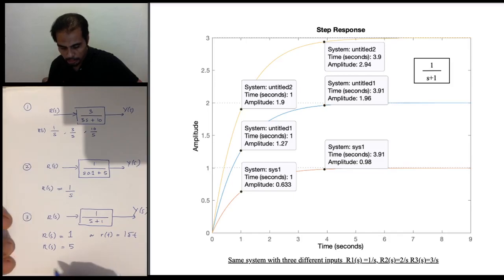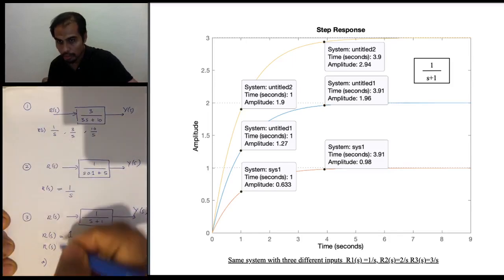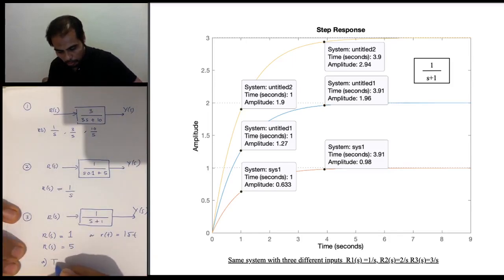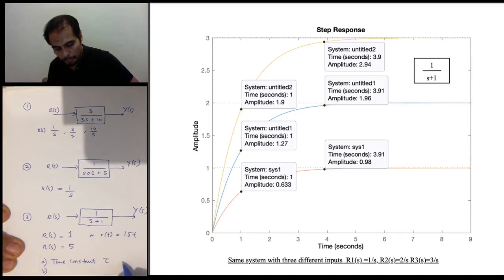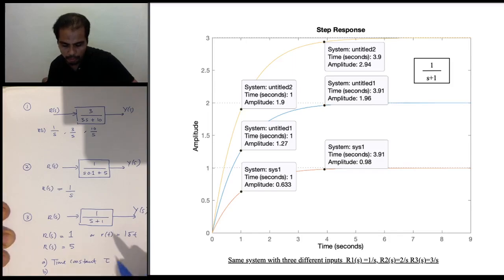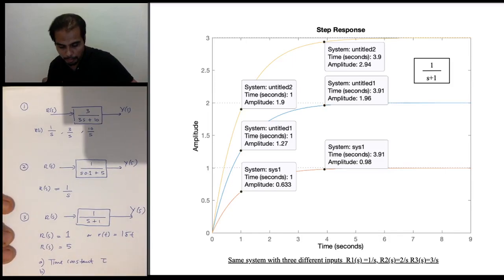for all of these example questions, you need to determine the time constant tau. You can use the first method and the second method, right? Because the first method uses the time domain, and then we can calculate the parameters based on the response. For the second one, we just convert this into the standard form, and then we find the parameters, right?